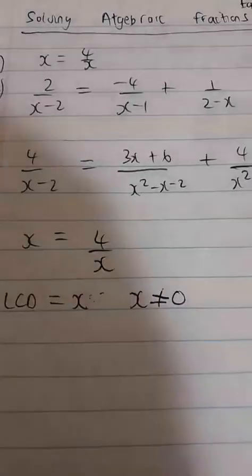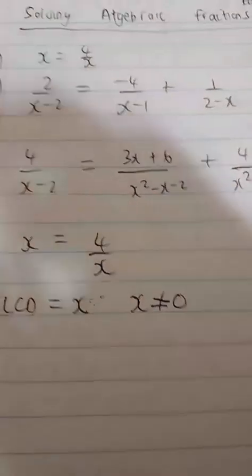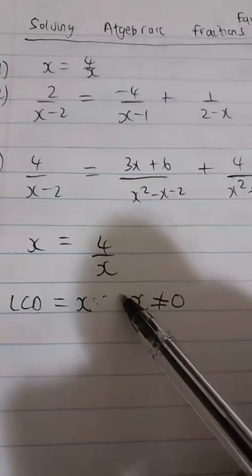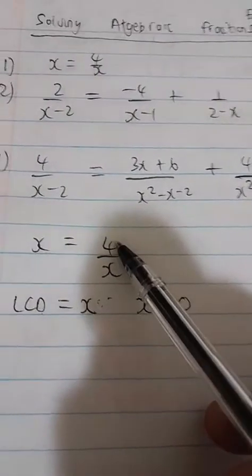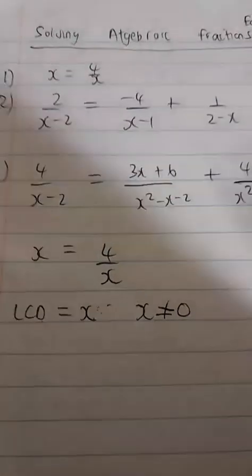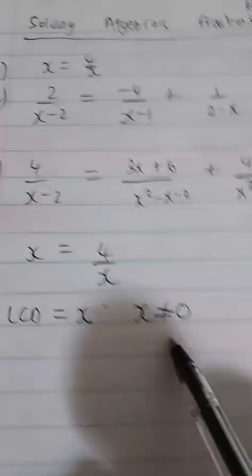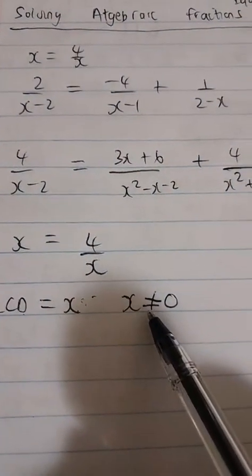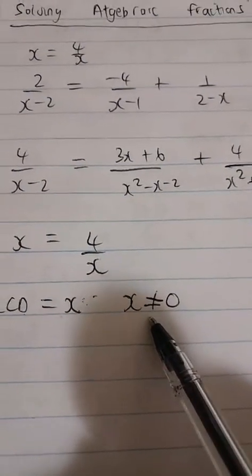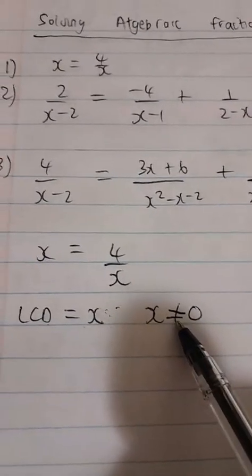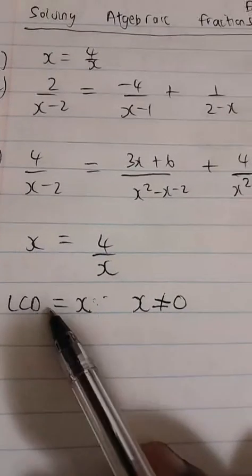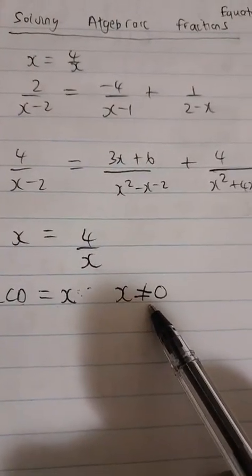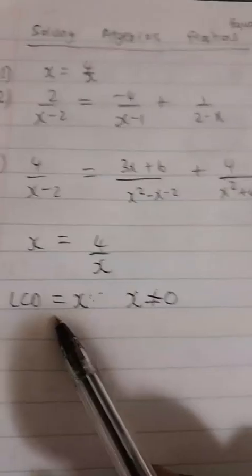And that is the critical message there, that division by 0, or 0 in the denominator, means that our fraction is undefined. And we cannot have a situation like that. So that is why we insist that x cannot be 0. We write that restriction in accordance to our LCD. Once we identify the LCD, we then write our restriction utilizing the LCD.